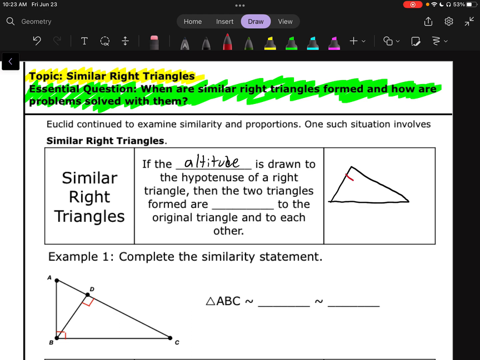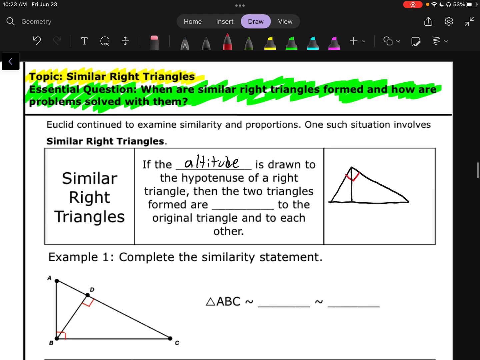So if we've got this big right triangle, and then we draw the altitude, remember the altitude is the line segment that is perpendicular to the opposite side. So if we draw in that altitude towards the hypotenuse of the right triangle, then the two smaller right triangles that are formed are going to be similar to the original triangle and to each other.